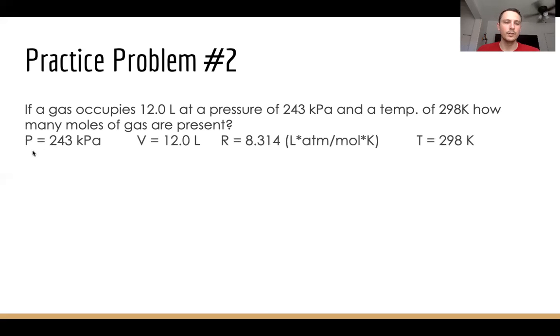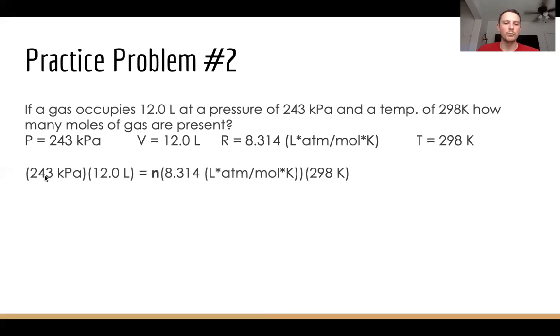So we know our pressure is 243 kilopascals, our volume is 12 liters, our R value, since this should be kPa here, is 8.314, and then T is 298 Kelvin. So again, we have a different value because we're using kPa. I just forgot to change this unit, but that's why this is a different R value. So if we plug this in, pressure times volume equals N is our variable, R, the gas constant, times T, our temperature in Kelvin, we get this equation.